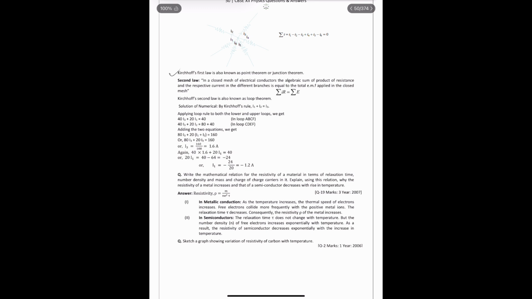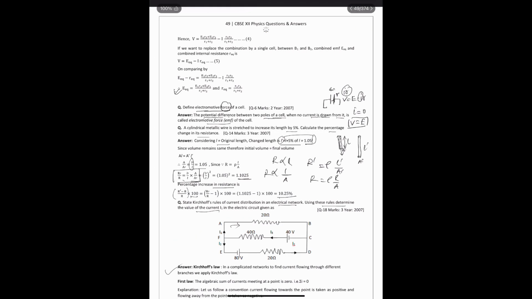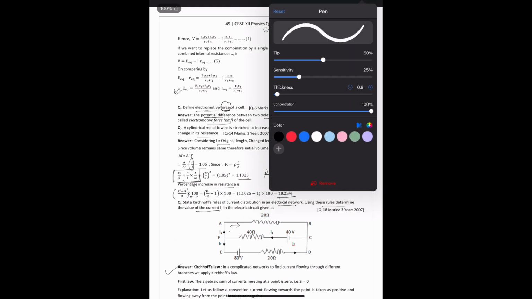So you have explained Kirchhoff's first law and second law. Then I1 plus I2 is I3. If you draw the circuit here, this I1 current flows here, I2 current goes here, correct? And in this branch we have I3.